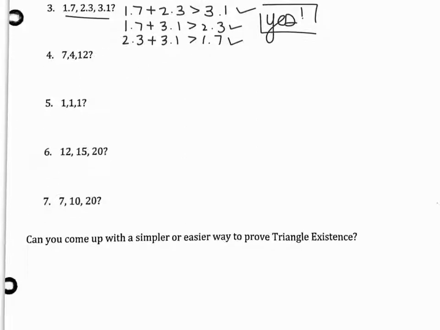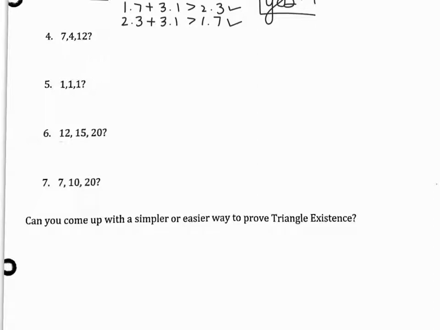Can I come up with a simpler way to prove triangle existence? Yes, I can. All I have to do is determine if the 2 smaller sides add up to be larger than the largest side.